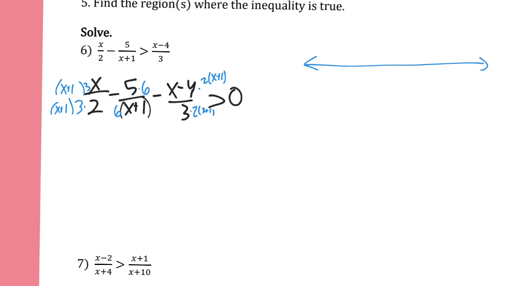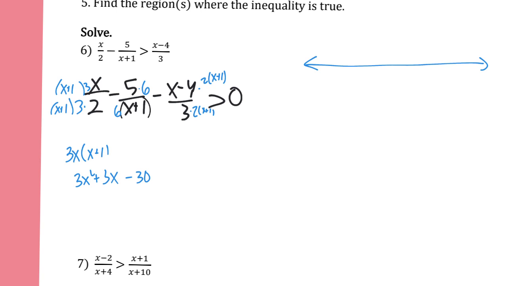So step 1, let's subtract. On the first fraction, we get 3x, and it has to be multiplied by x plus 1, so we're going to get 3x squared plus 3x. On the second fraction, you're going to get minus 30. The third fraction, wow, this is a lot. Let me think.